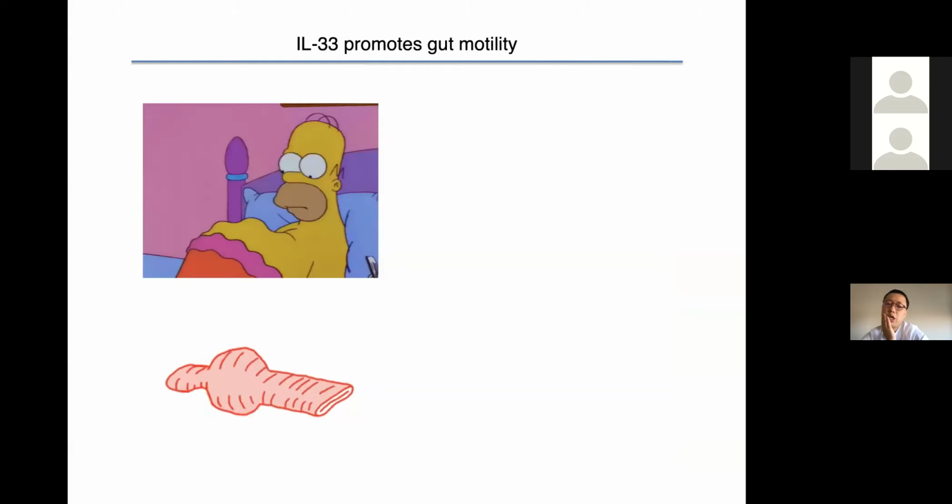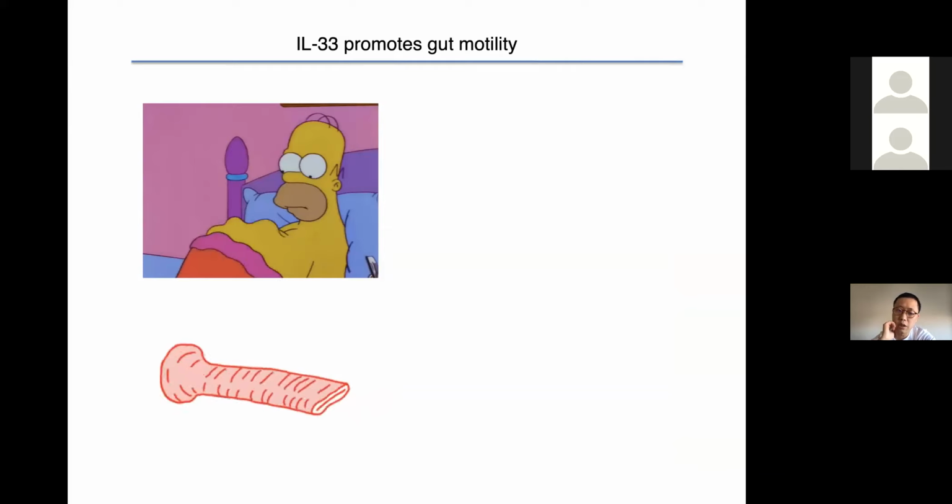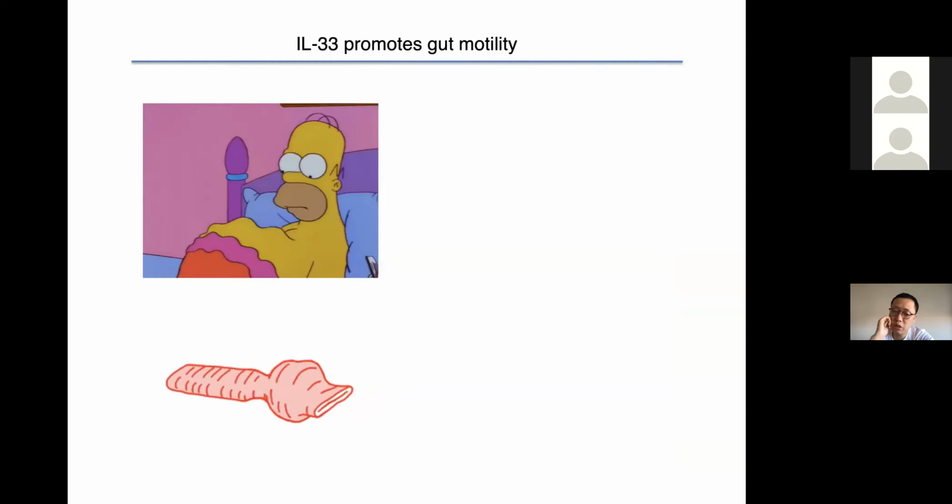As one of the key components of the body's defense machinery, the intestine not only harbors a lot of commensal bacteria to maintain homeostasis, but at the same time, during evolution, the peristaltic movement of the gut also functions as a very important defense machinery for the whole body, because it facilitates the expulsion of toxins and also facilitates the digestion process.